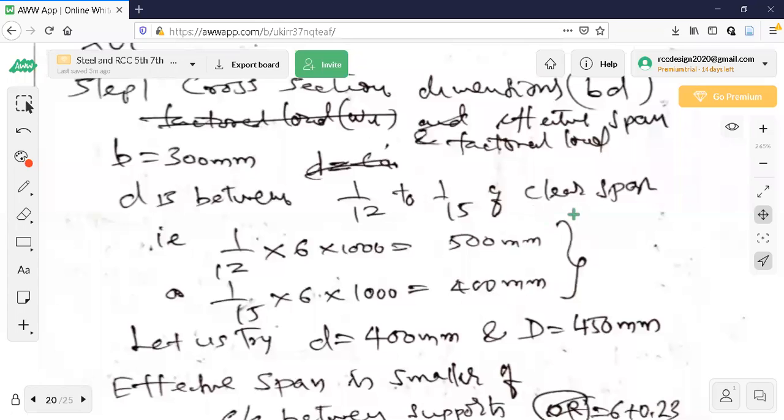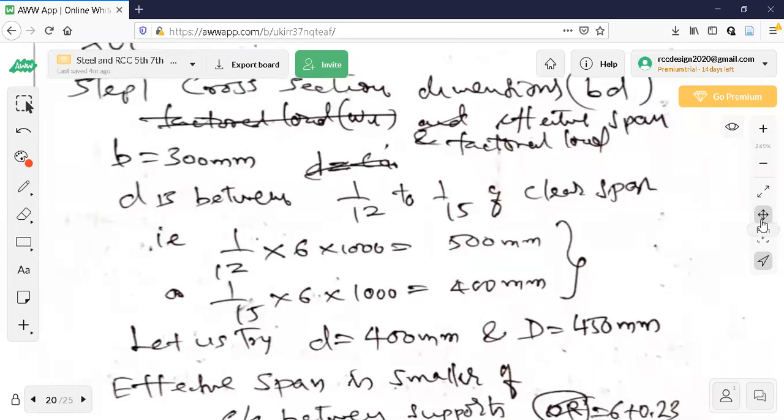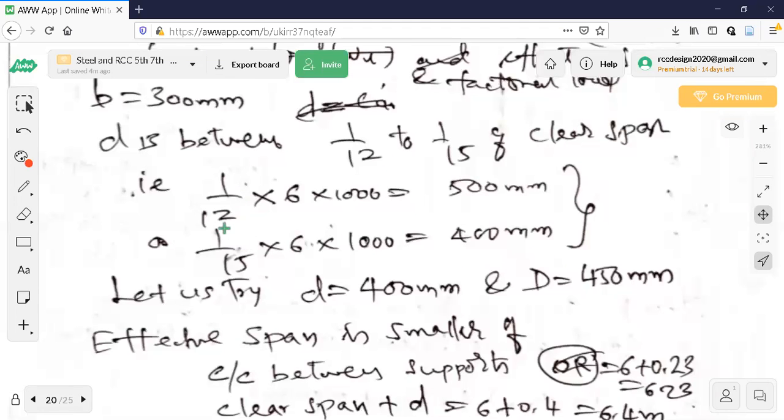The clear span here is 6 meters. First I will calculate 1/12 of the span, 1/12 into 6 into 1000, because I want it in millimeters. So 500. And one more trial, 1/15th of the span, it is 400 mm.